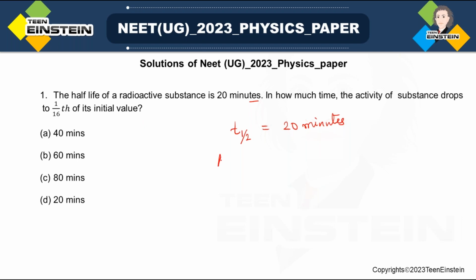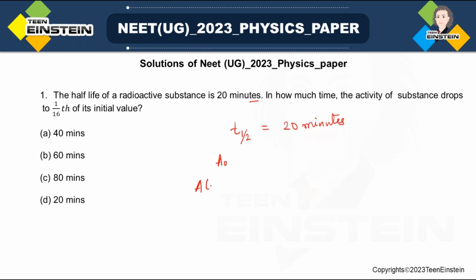Let us say the initial value of the activity is A0. Suppose the time it takes to drop the activity to 1/16th of its initial value is some t. So how do we write that?